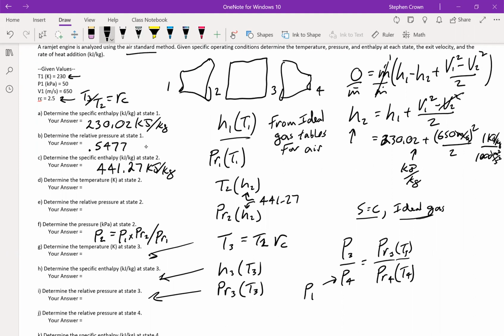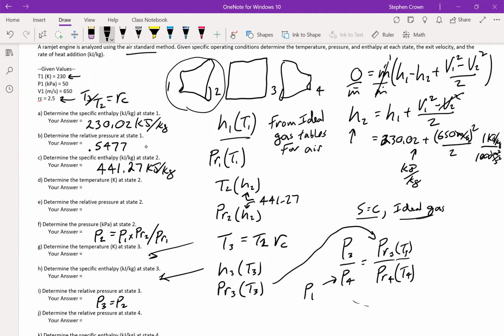And again, that's because that diffuser is also an isentropic process. So we're making use of that to find our pressure. And then P3 equals P2. So really this is used here to find P4. And then we solve for PR4.